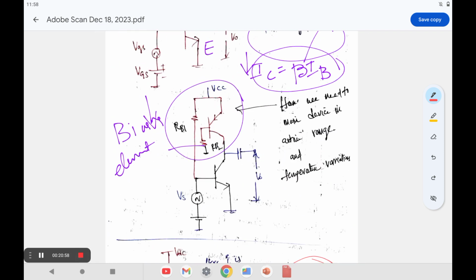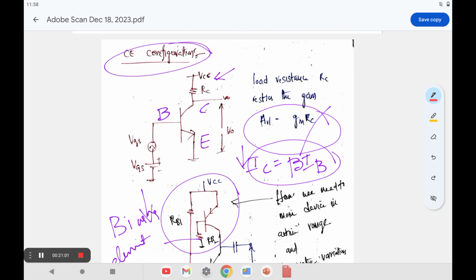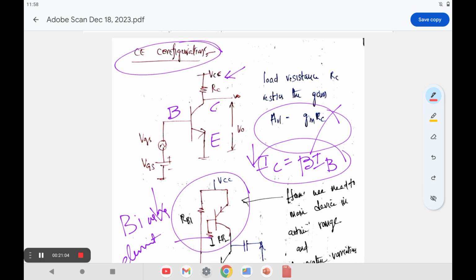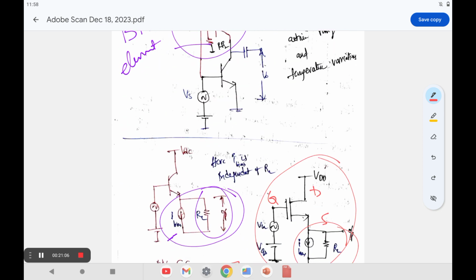Our conclusion is that in each and every case, whether the transistor CE configuration or the MOSFET common source configuration, some circuits are required for producing a constant current source to achieve the maximum gain, from both the BJT point of view and the MOSFET point of view. Because of the biasing elements also, there may be chances of variation in the corresponding device.